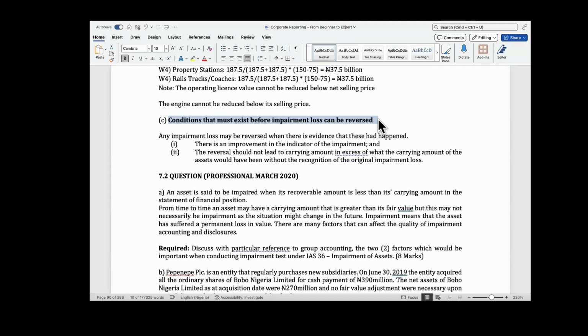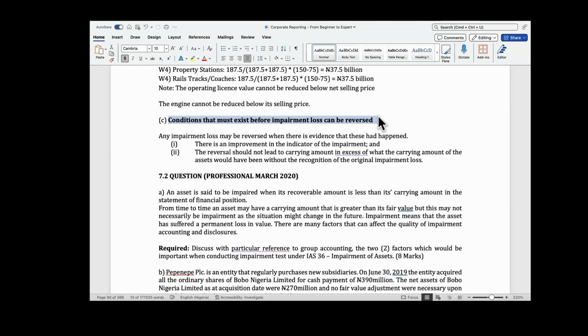An asset whose value was depressed initially, and you had to bring it down to a recoverable amount. Now, in subsequent years, it has increased in value. Maybe the economy has boomed and all of that.